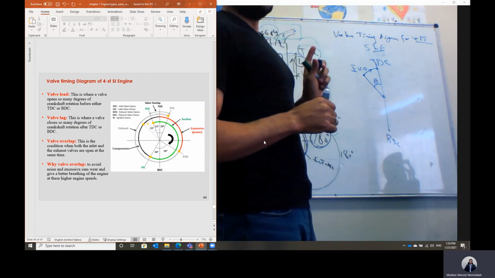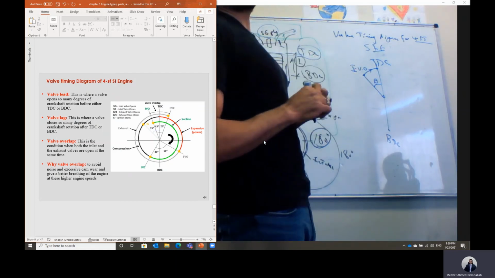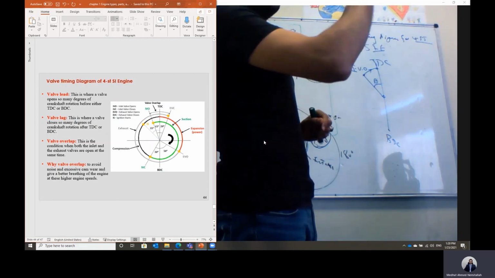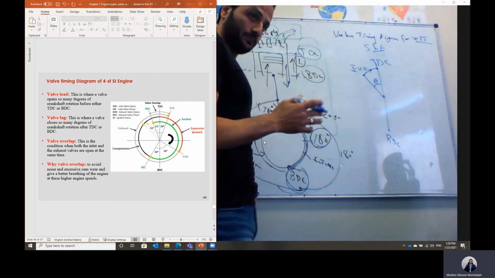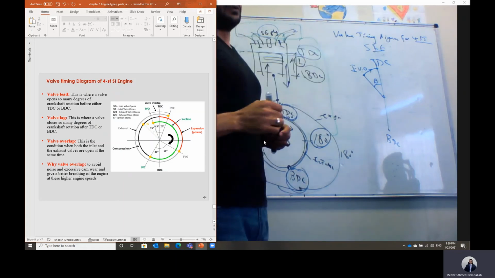So the intake valve opens when the piston is moving up, close to the end of the exhaust stroke, to make sure that a fresh charge of air will discharge all of the exhaust gases, forcing them to go through the exhaust valve.